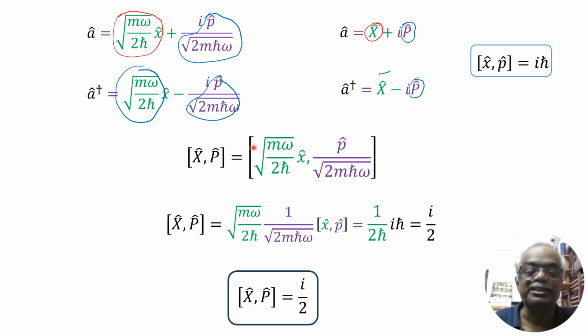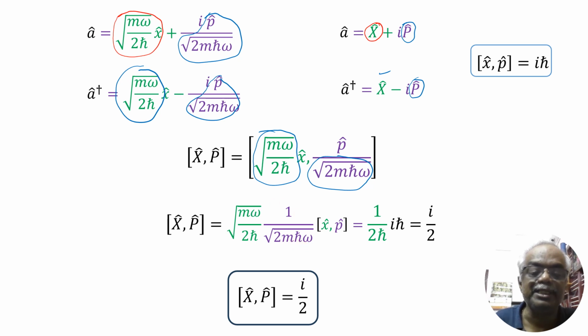Now you take this constant, square root of m omega over 2h cross, and this denominator, 1 over square root of 2m h cross omega, outside the commutator.